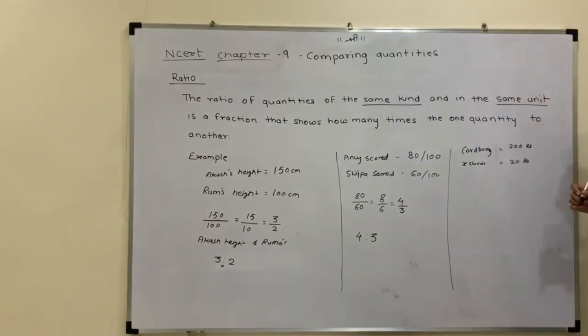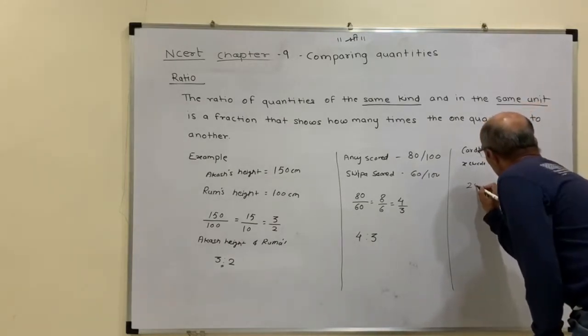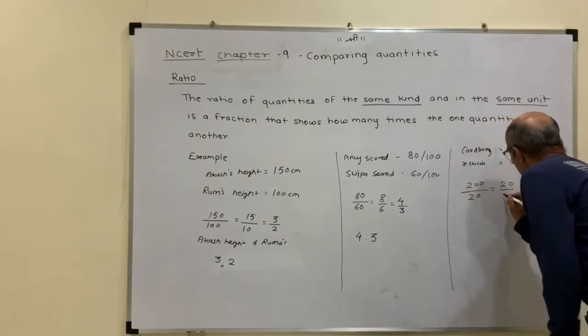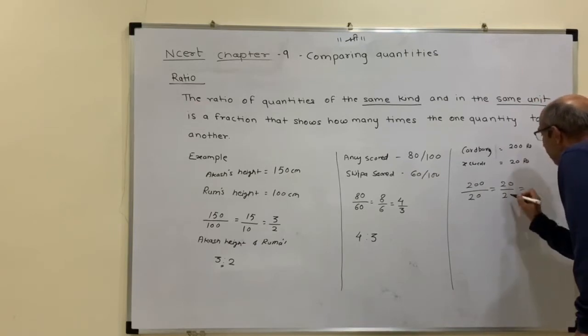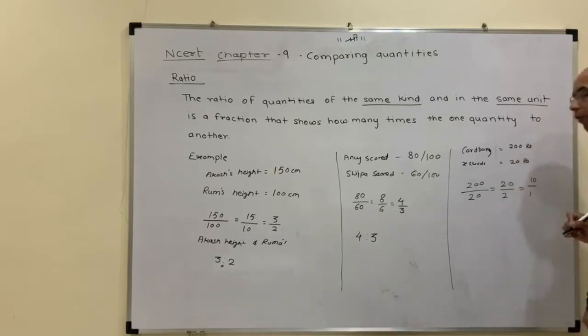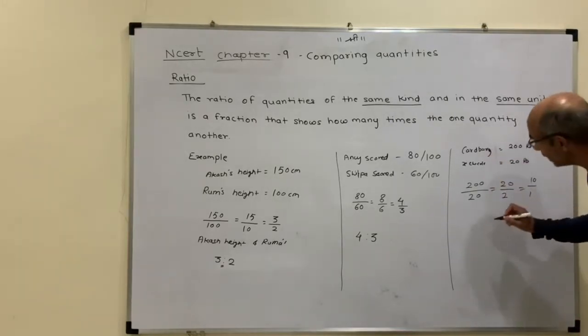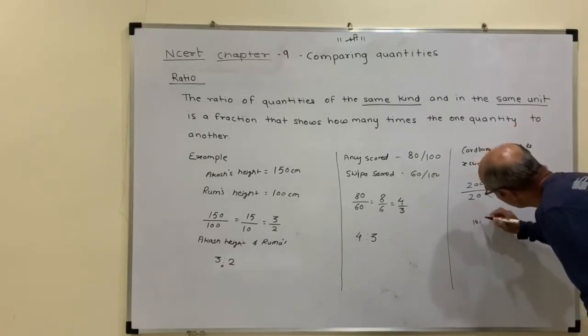So if I put the ratio, it will be 200 divided by 20, so it will be 20 divided by 2, right? So it will be 10 is to 1. So my ratio of the Cadbury to the H chocolate is 10 is to 1.